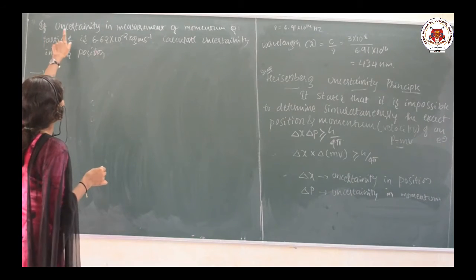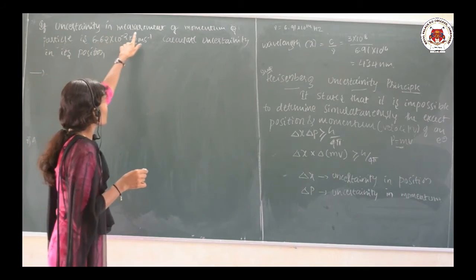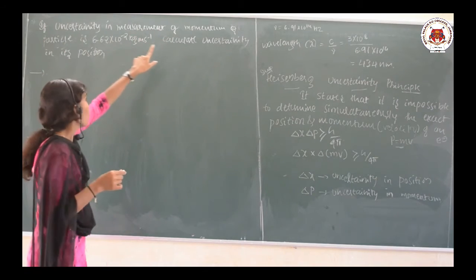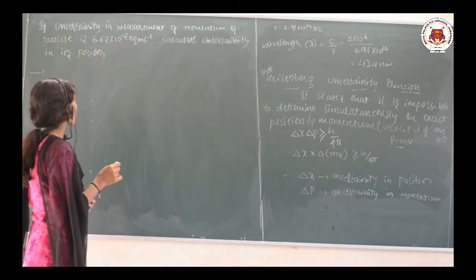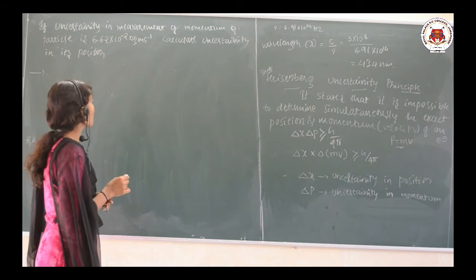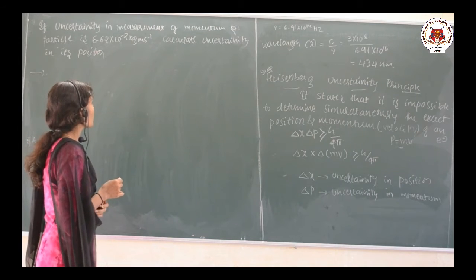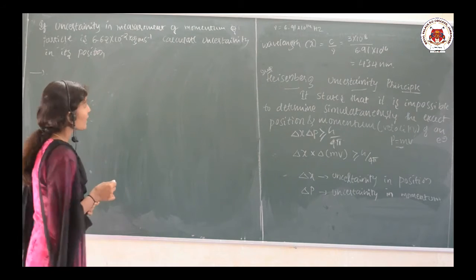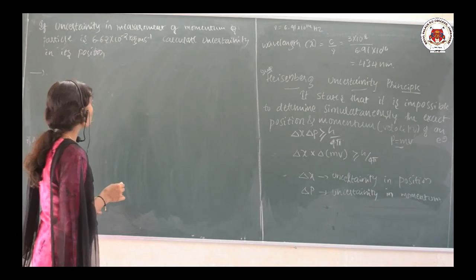If the uncertainty in the measurement of the momentum of the particle is 6.626 into 10 to the power minus 2 kg meter per second, calculate the uncertainty in its position.